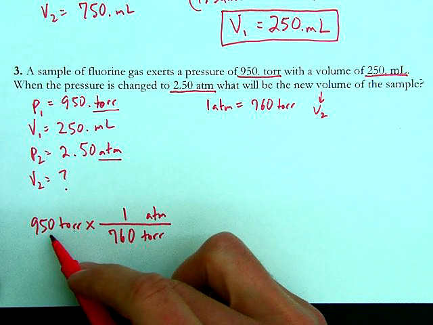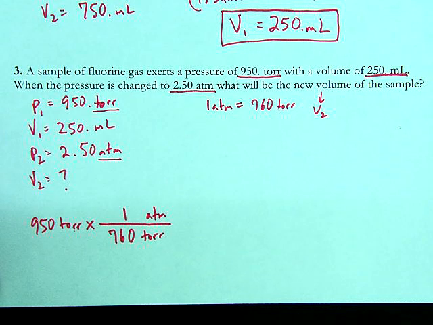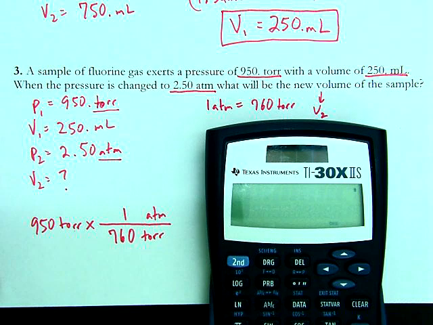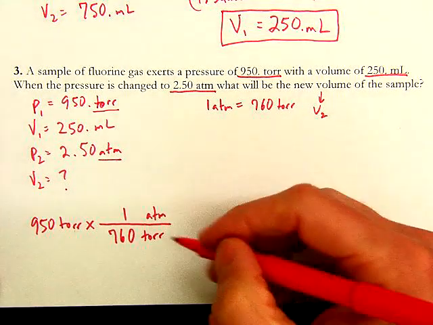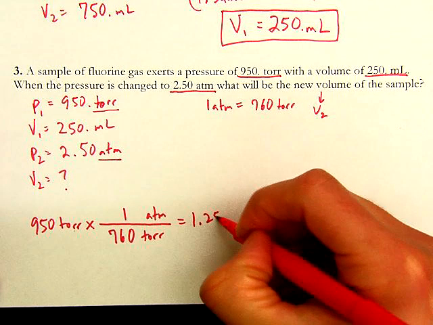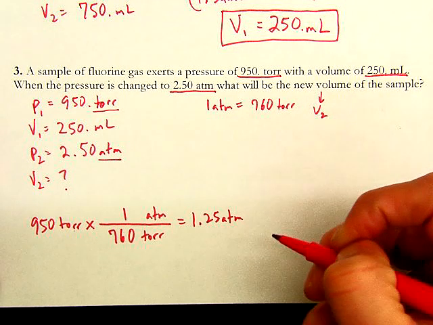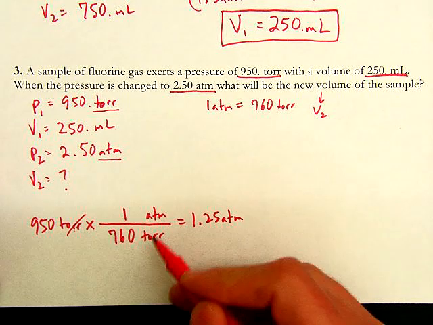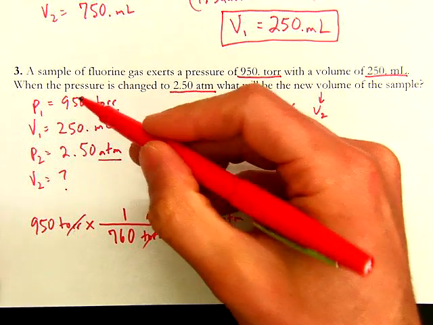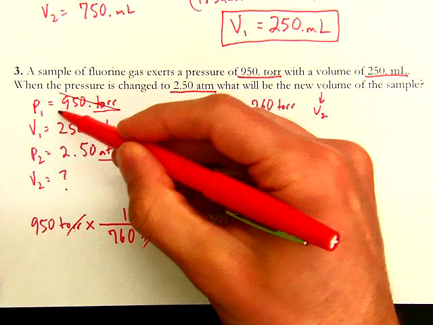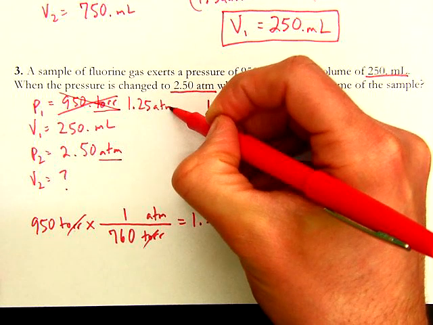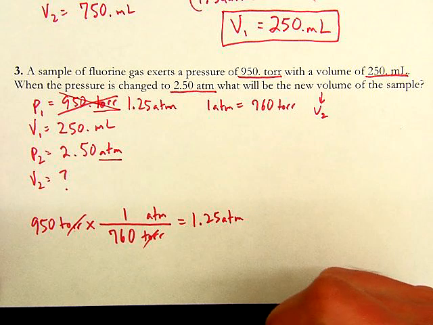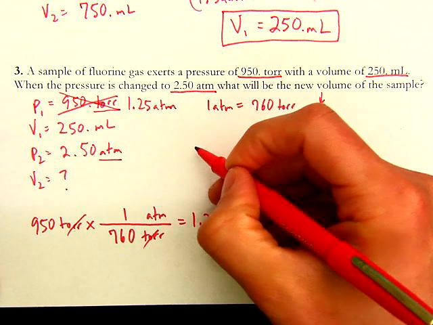So if we take our number of torr divided by 760, 950 divided by 760, you get 1.25 atm. Torr cancel. So now, instead of using this 950 torr, we're going to use 1.25 atm. Now that that's in there, we can actually plug this into the equation.